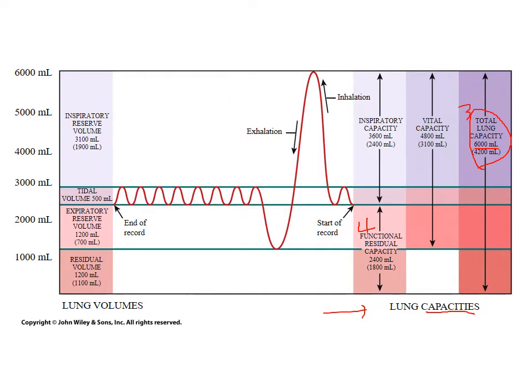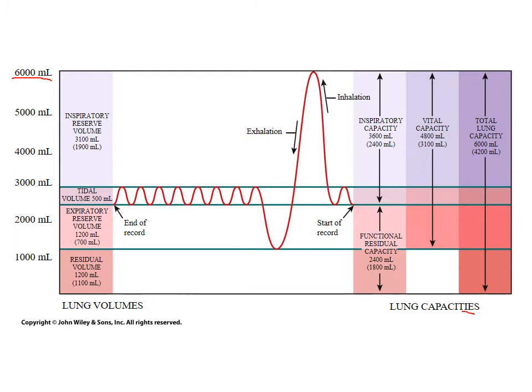All right, so while we look at this, the first one and the most important thing really, because these are the primers, are the volumes. And there's 4 lung volumes. Remember that total lung volume is 6,000 milliliters. So if I was to breathe in as much as I can, I'd get close to that.